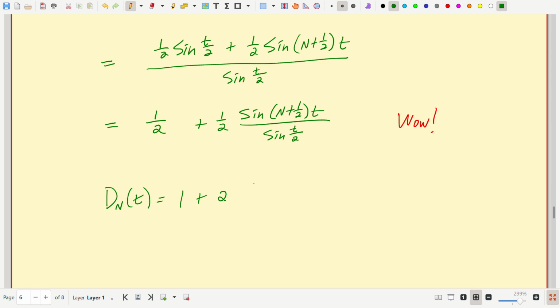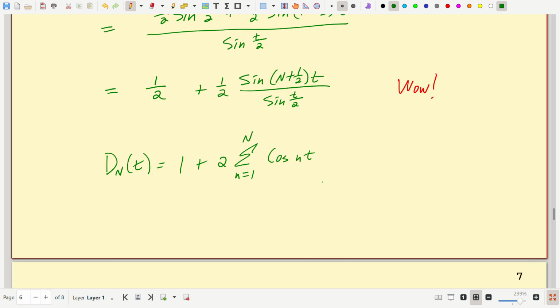Let's see. Sum from 1 to n, cosine nt. And when you think about what that is, that's 2 times star minus 1. Because my star would have a 2 in front of it. My star starts with 1, so that would be 2, but I have a 1.